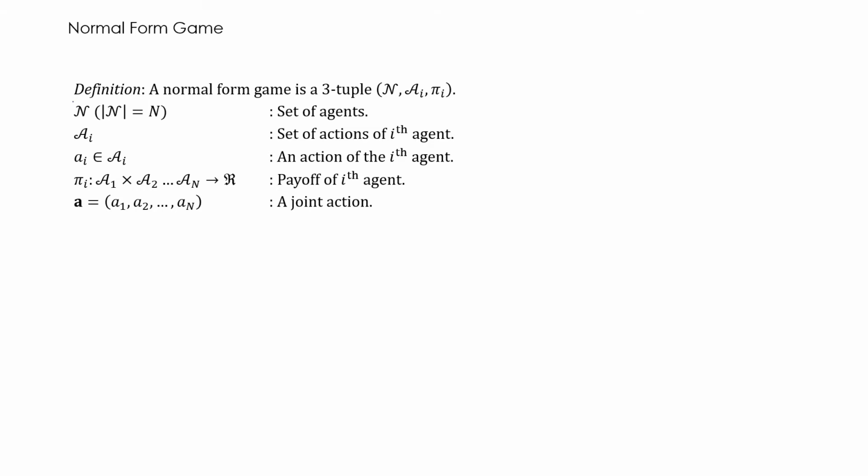So we know that a normal form game contains a set of agents, and script A sub i is the action space of the ith agent, and lowercase a sub i is any action of the ith agent, and pi i is the payoff function of the ith agent, which maps a joint action to a real number, and bold lowercase a is a joint action which contains the actions of all the agents.